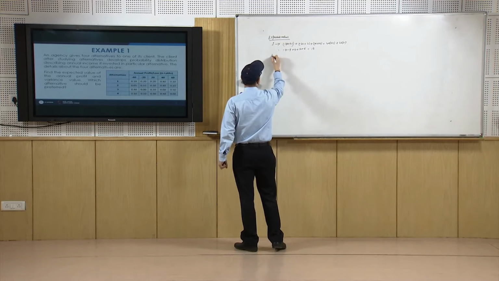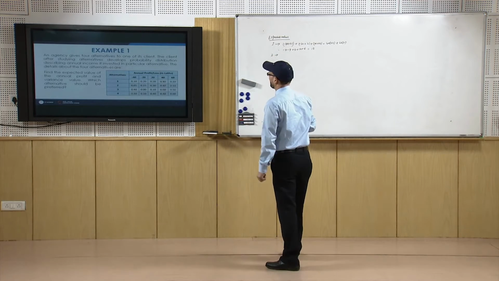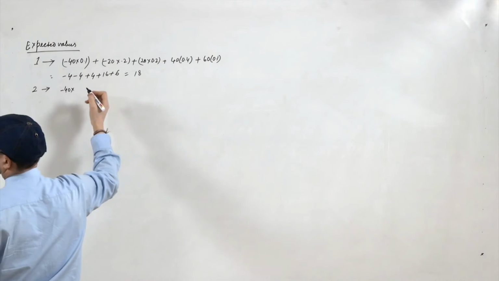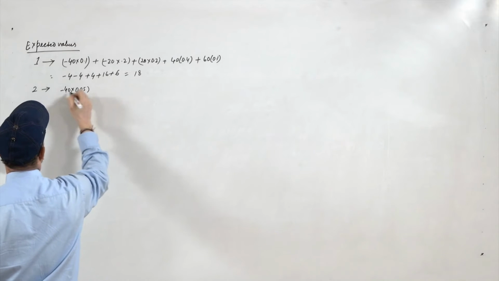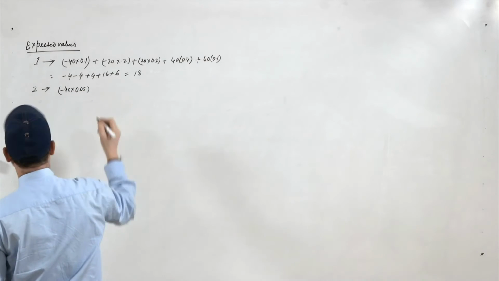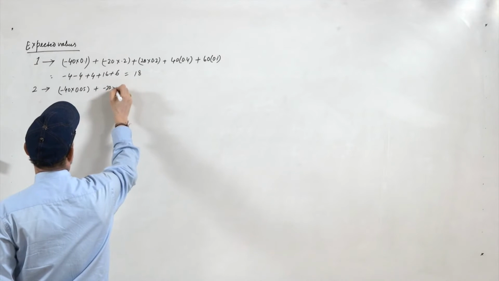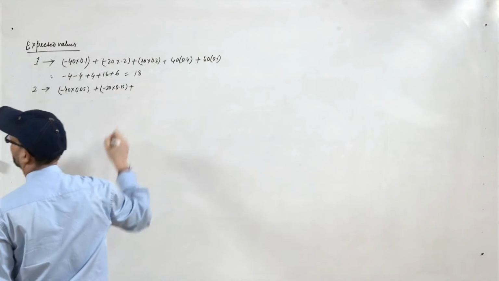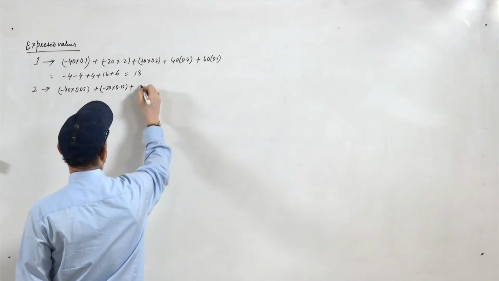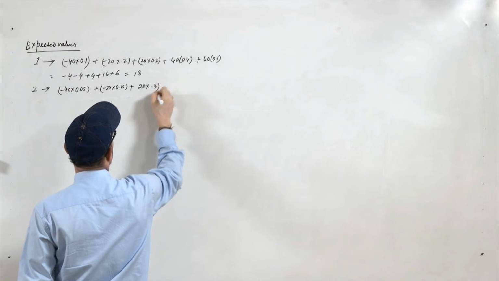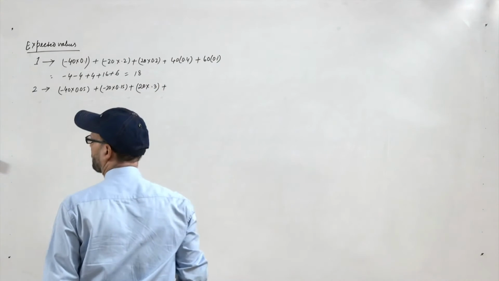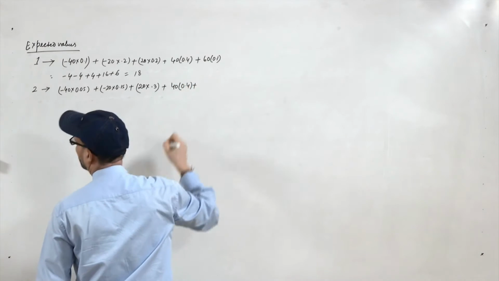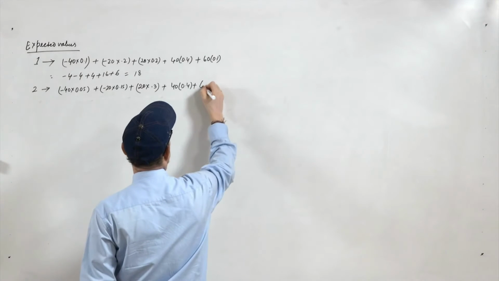Similarly, for alternative 2, if we compute, the expected value will be minus 40 multiplied by 0.05, plus minus 20 multiplied by 0.15, plus 20 multiplied by 0.3, plus 40 multiplied by 0.4, plus 60 multiplied by 0.1.